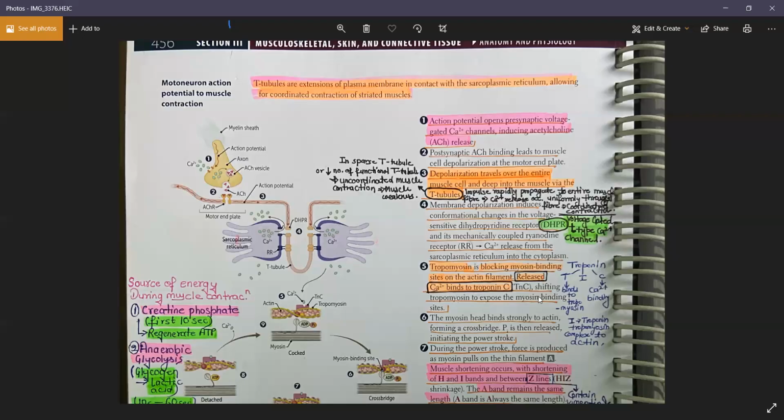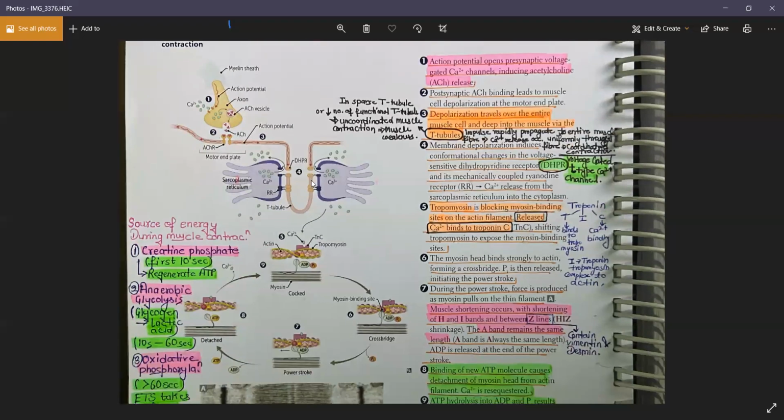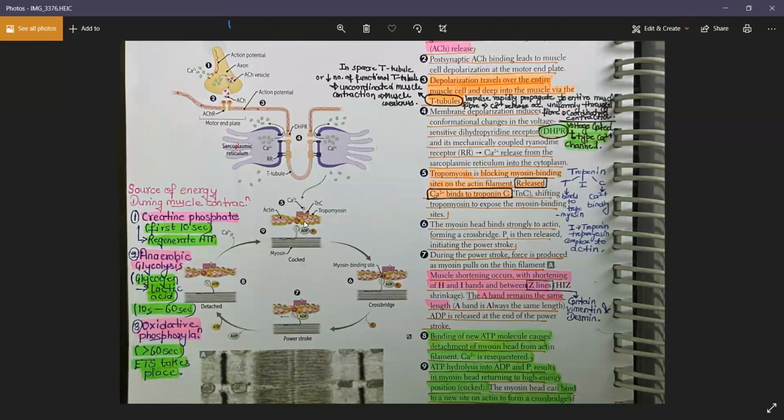Yes. And when this calcium enters the cytoplasm, it will first go to troponin C. So you have the myosin, you have the actin. On the actin, certain proteins are found, known as the troponins and the tropomyosin. Tropomyosin covers the active sites present on the actin molecule.